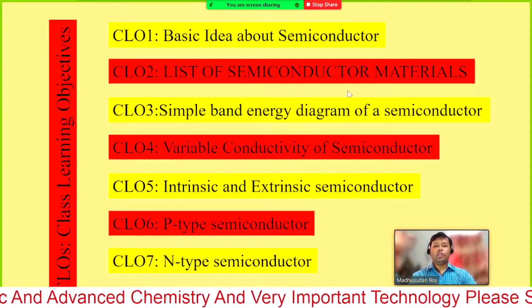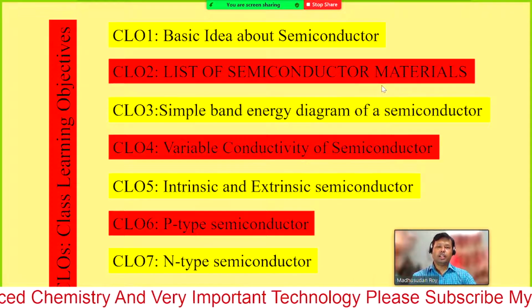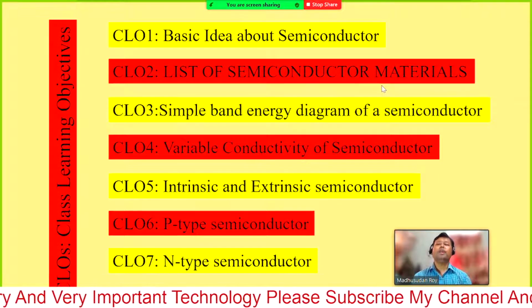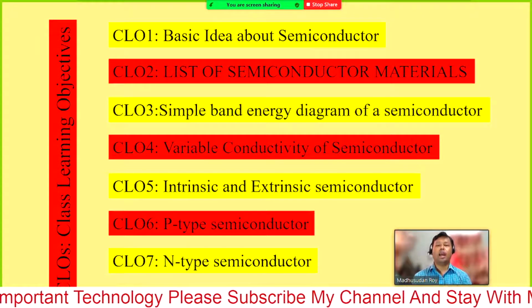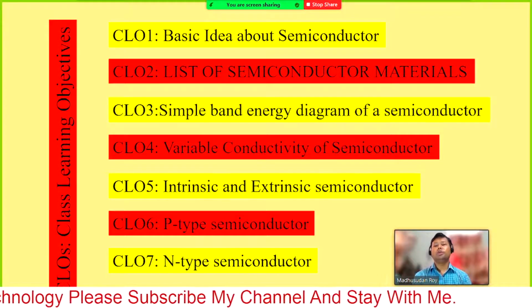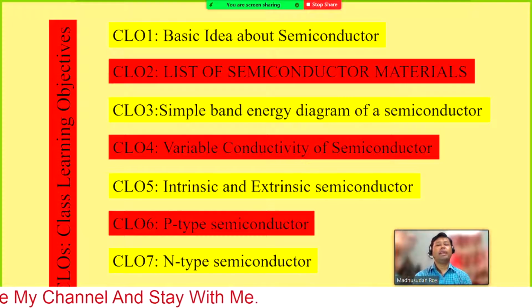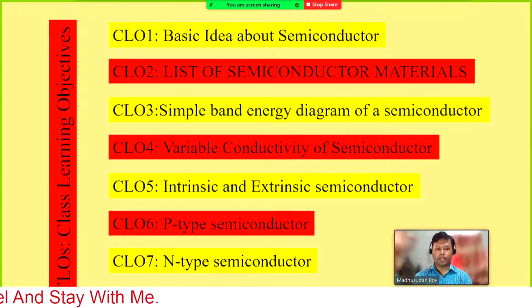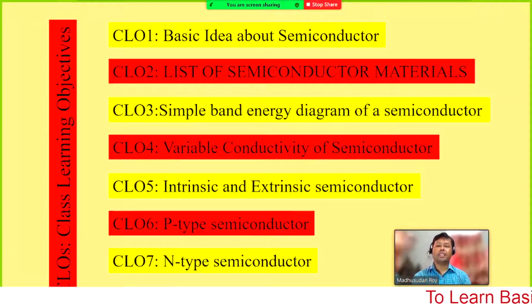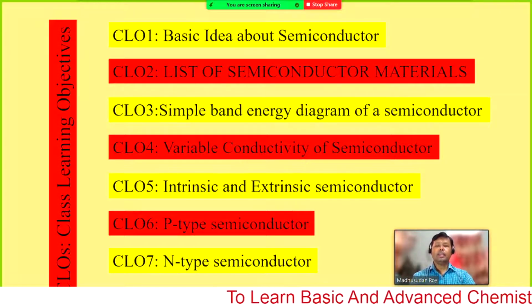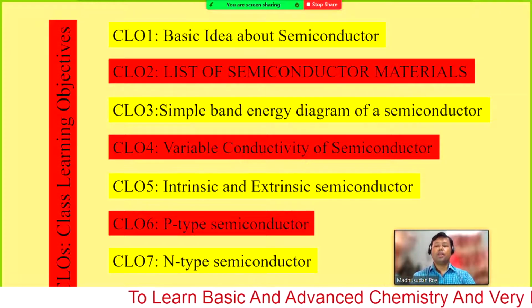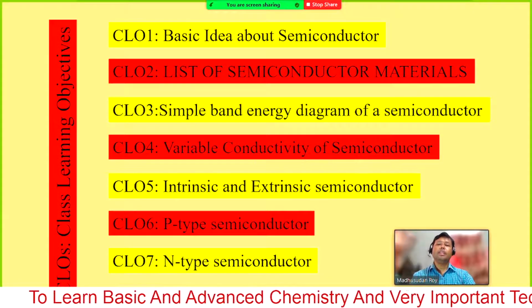So, a list of semiconductor materials, that means what are the different types of semiconductor materials that we can have. Then we will show the band energy diagram of a semiconductor. So, a simple band energy diagram, we are not going to a very complicated one, because if we consider the intrinsic property or extrinsic property, if we add some external material, in that case the conductivity of the semiconductor will increase a lot.